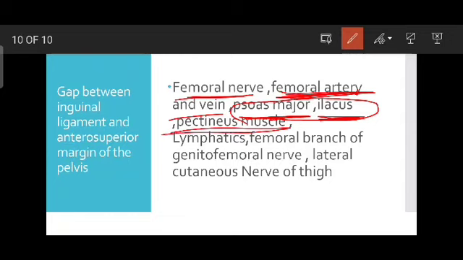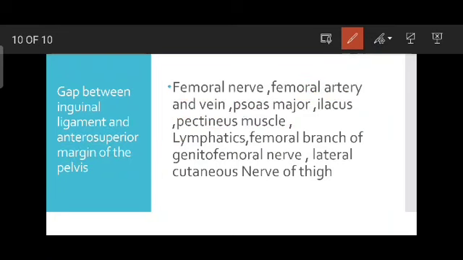And then pectineus muscle, okay, which originates from the pectineal line in the pubic bone and is inserted into the pectineal line of the femur, that is the line below the lesser trochanter. And lymphatics, and then femoral branch of genitofemoral nerve.